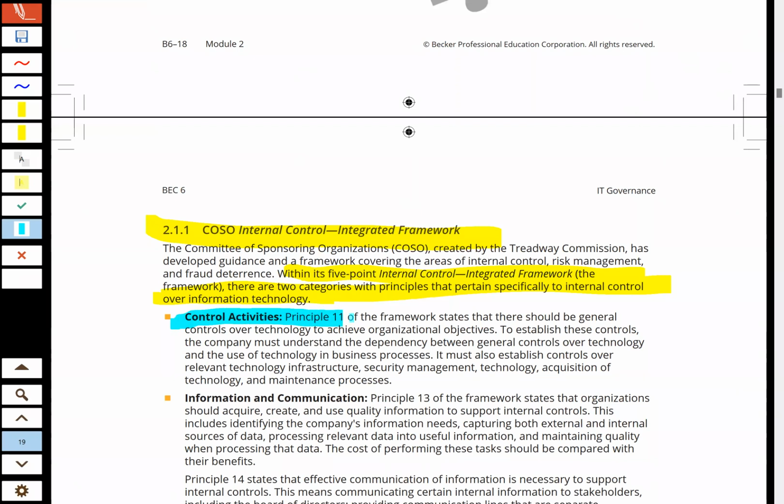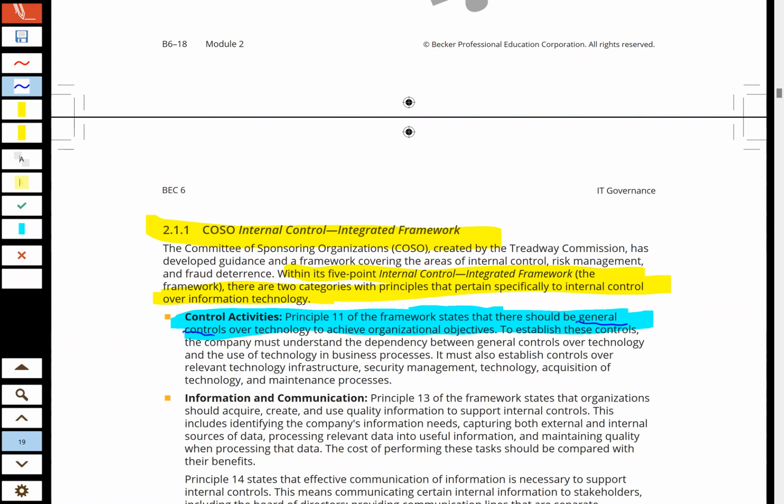Control activities, principle 11 of the framework, 17 that fall within the five components. Number 11, control activities to achieve organizational objectives, and we look at the notion of general controls.